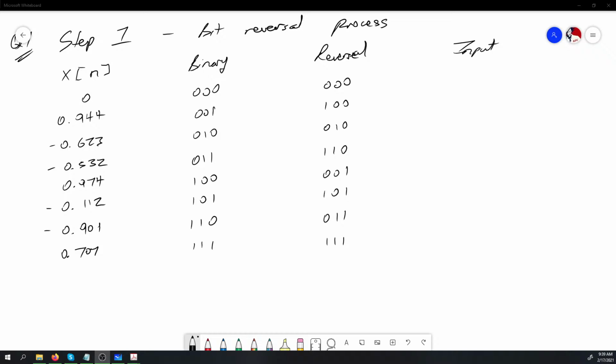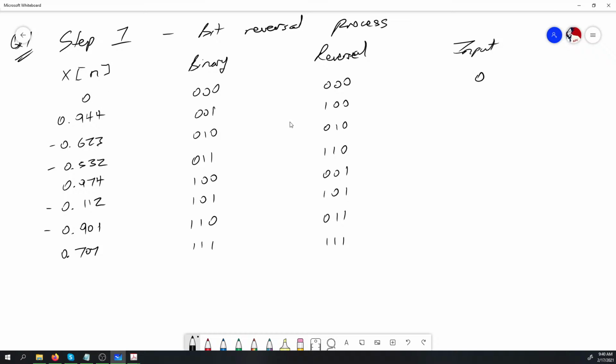So for the first input to the FFT, we look for the 000 value, which represents 0. So that's going to be x of n being 0. We then look for 001 to match it back up. So we have 001 here, and the equivalent match is 0.974.